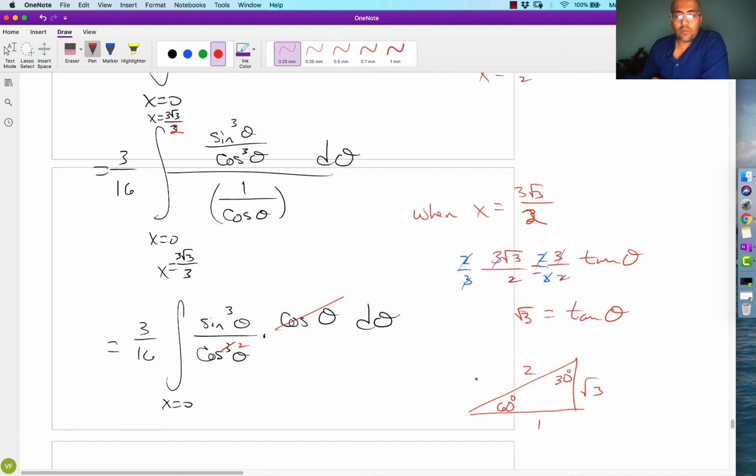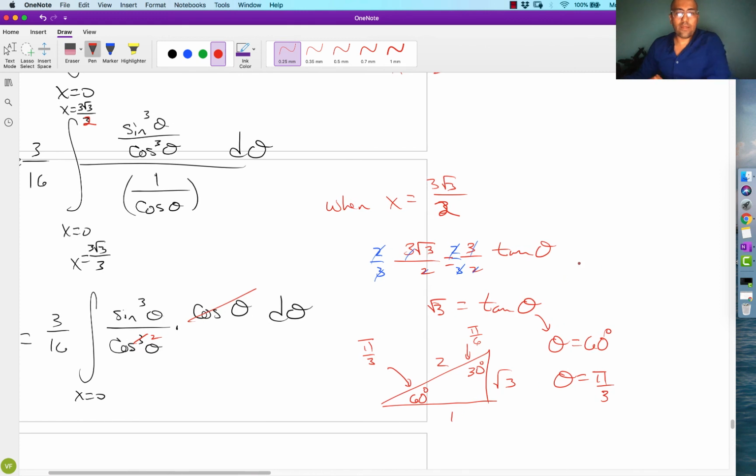Okay, so this is pi over 3, and this is pi over 6. And tangent is opposite over adjacent, so root 3 is 60 degrees. So this must mean that in degrees, theta must be 60 degrees. But sticking to radians, it must be pi over 3. Good. Okay, so we've established that this must go to pi over 3.